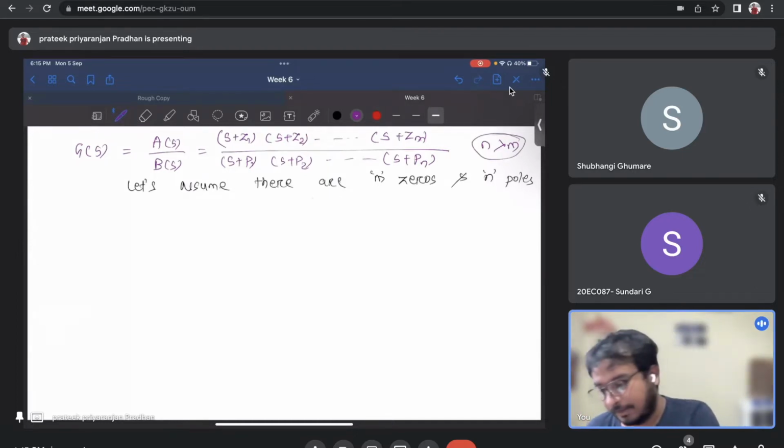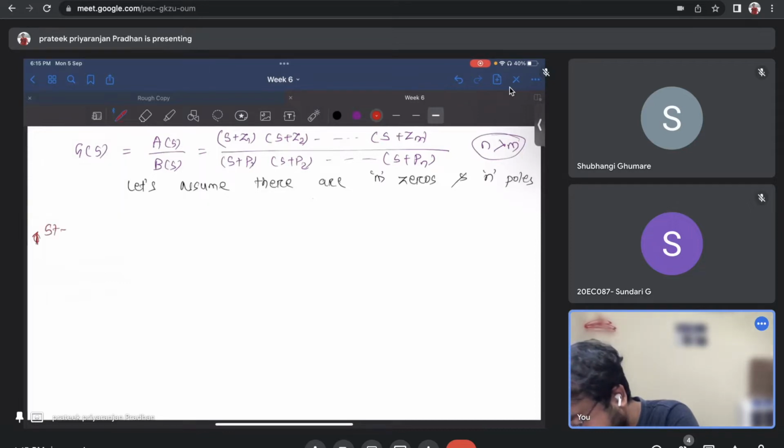So what is the first step? Just write step one. You need to locate the open loop poles.